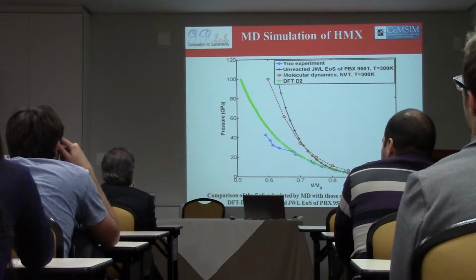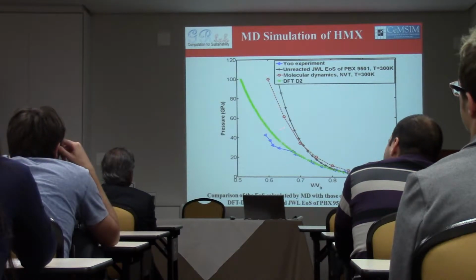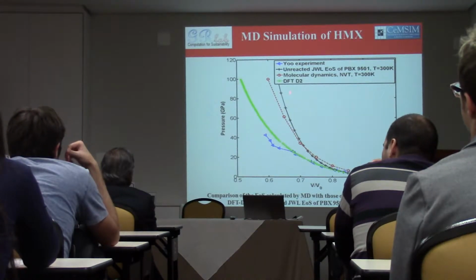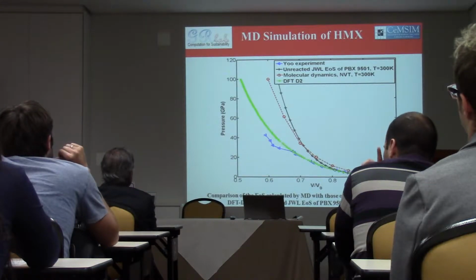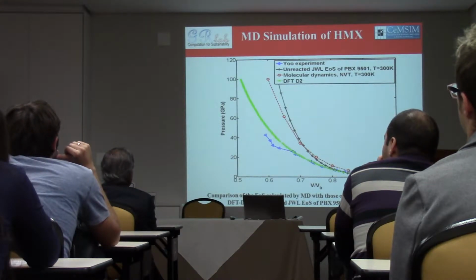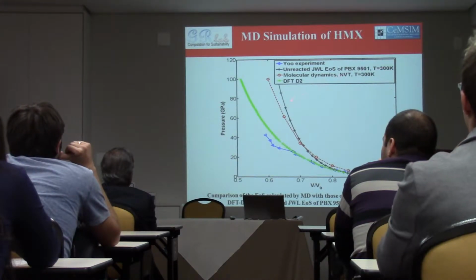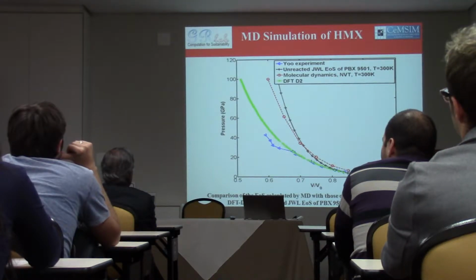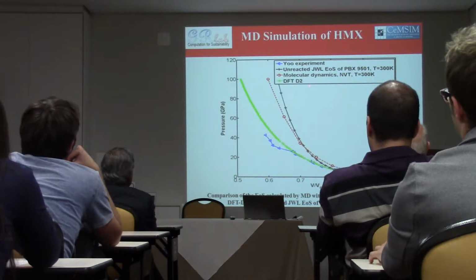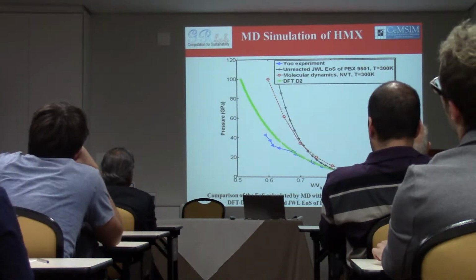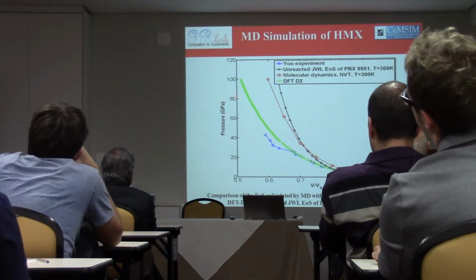So our further study is like this. We look at the material, which is HMX, and we fix the temperature at 300 degrees K. And then we use a different way to do it. We built a DFT model, which is a quantum mechanics model. Then we have a curve like this.